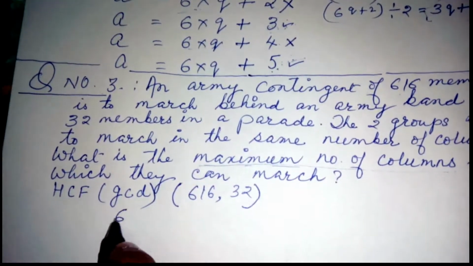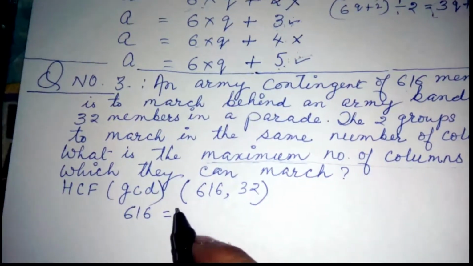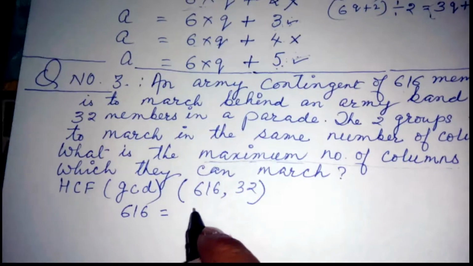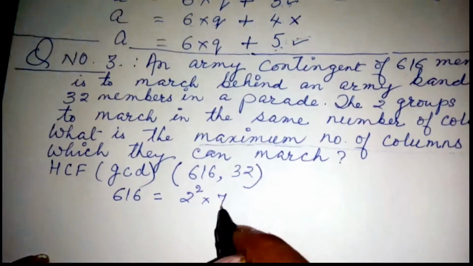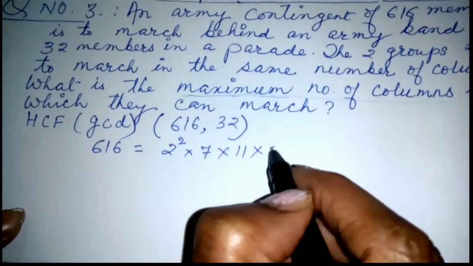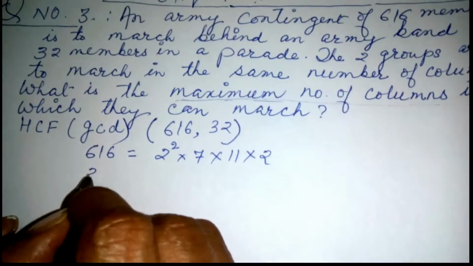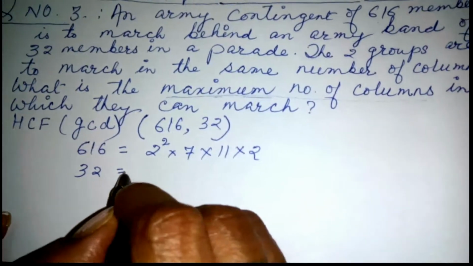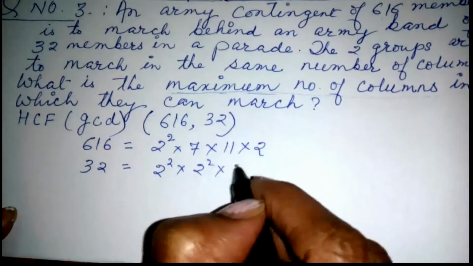First let us find the prime factors of 616, and that is 2 square into 7 into 11 into 2, that is 2 cube you can write. Then 32 is 2 square into 2 square into 2.